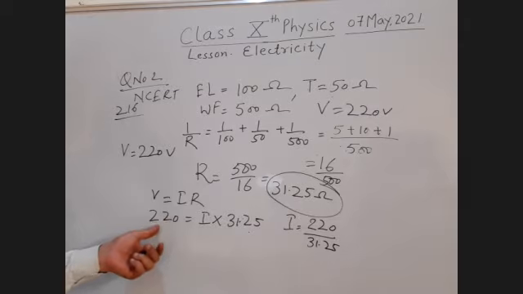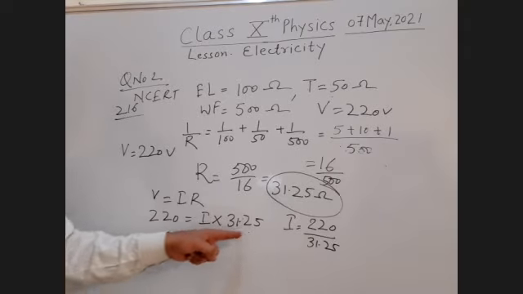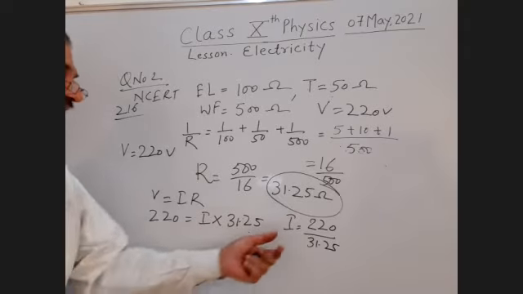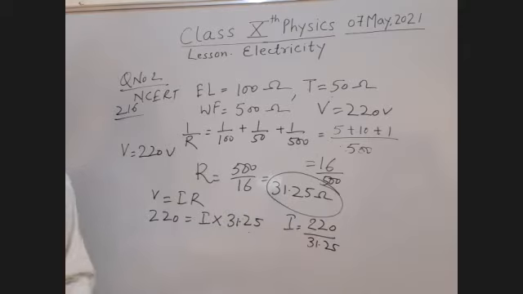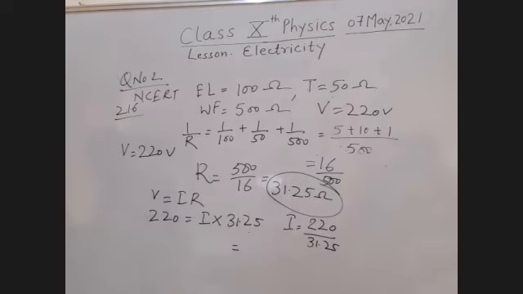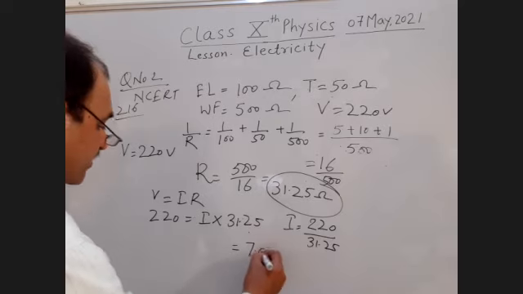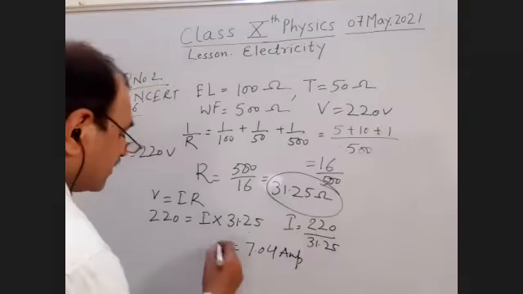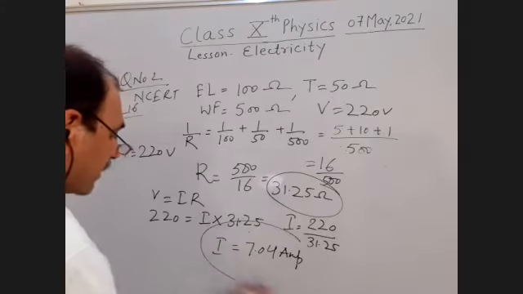Simply 220 is divided by 31.25, it will come in the denominator, and the value of I can be calculated. Now, students, when we solve this, it will come as 7.04 ampere. This is the value of I.